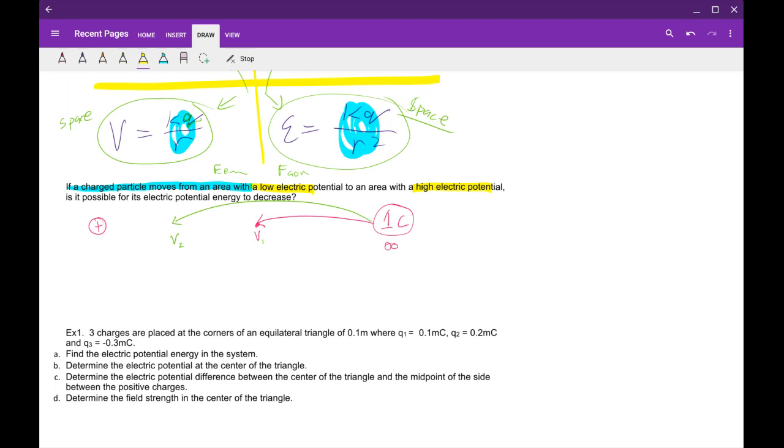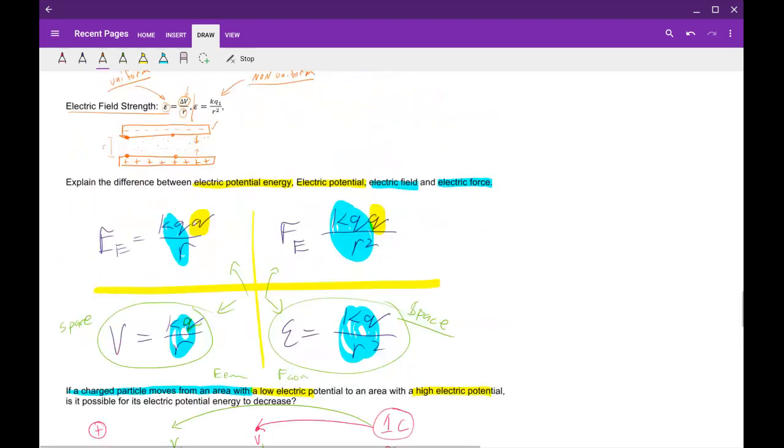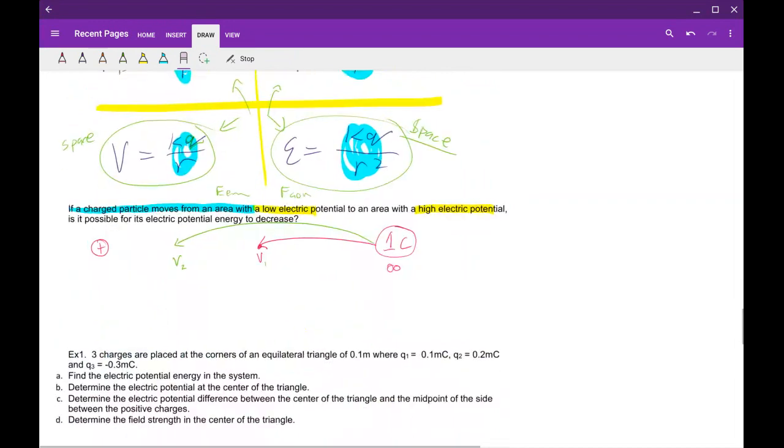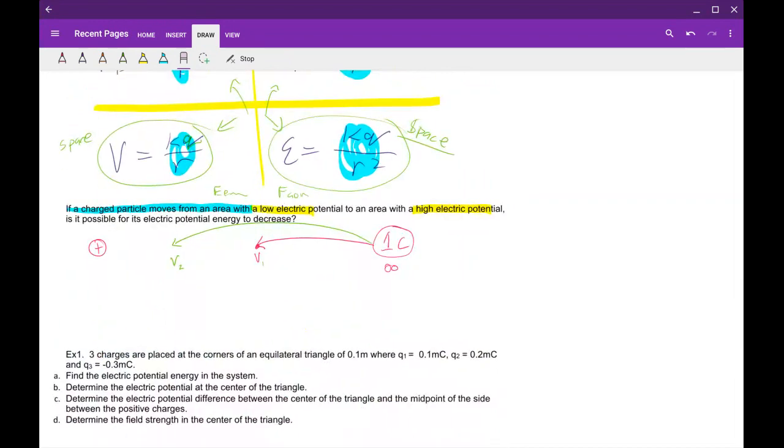So I have to go back to the definition of electric potential. Electric potential, remember, forces us to use a coulomb, and a coulomb that moves from infinitely far away to some location in space around a particle.